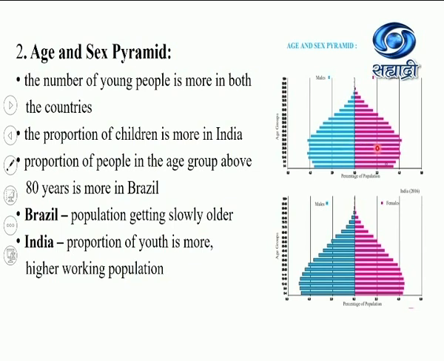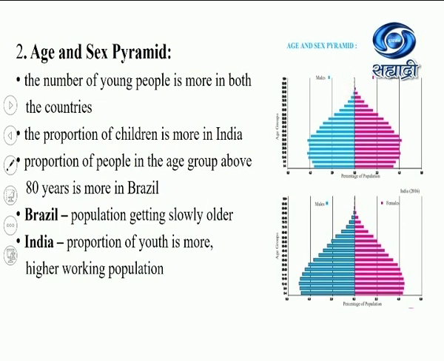So both in Brazil and in India the number of young people is more than old people. Old people are less in number. The proportion of children is more in India. The proportion of people in the age group above 80 is more in Brazil as compared to India.